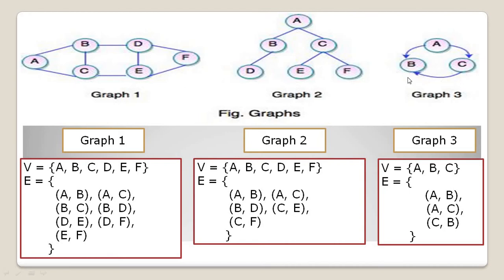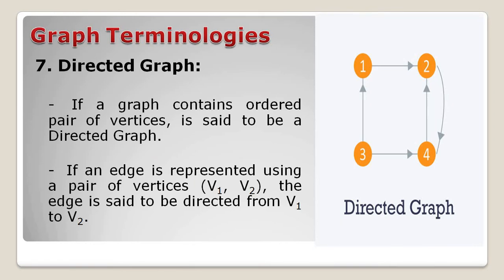In that case graph number 3 we are going to call a directed graph, and graphs 1 and 2 we are going to call undirected graphs. So we have learned the meaning of an undirected graph. Now a directed graph is a graph in which all the edges are unidirectional.